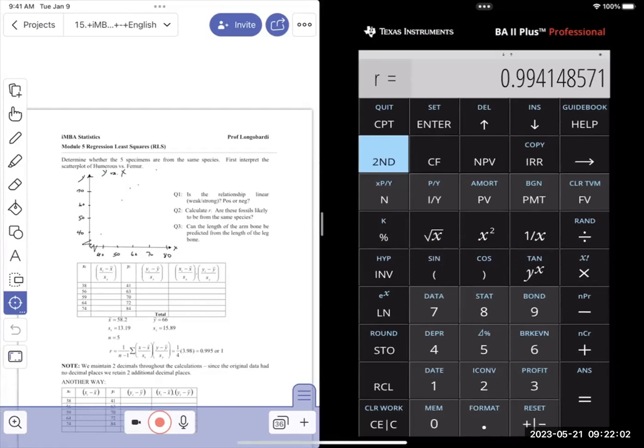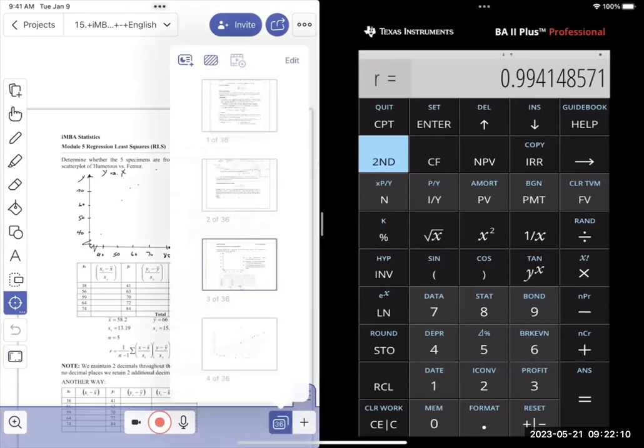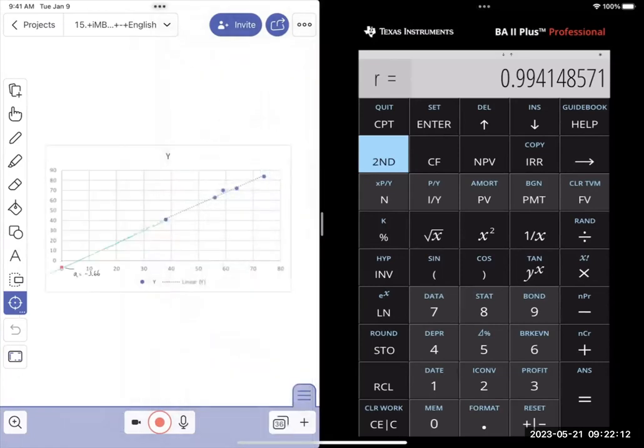Yeah, 0.994. And in Excel, if you remember, let me type. I'm going to write here what it was in Excel.